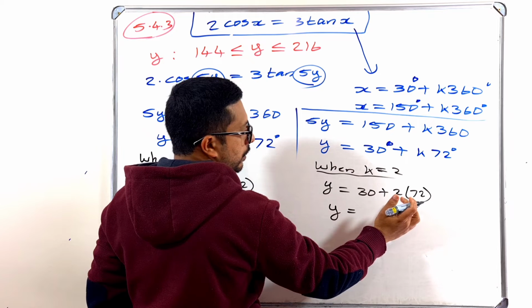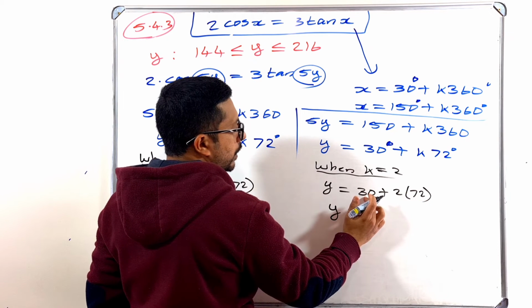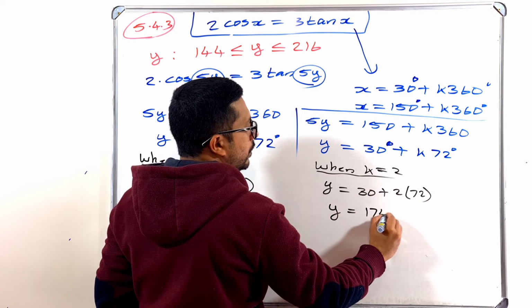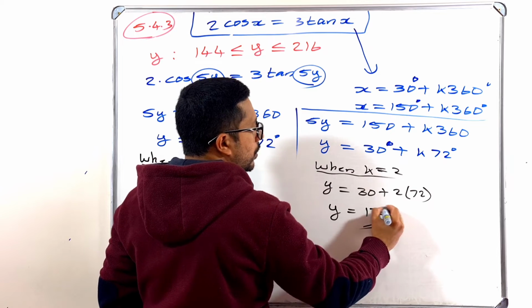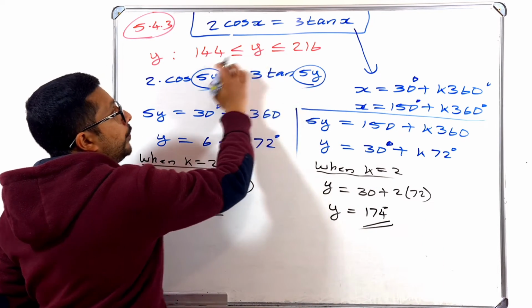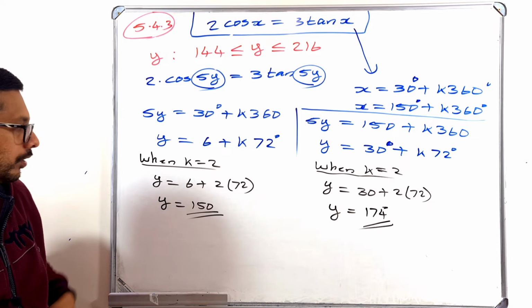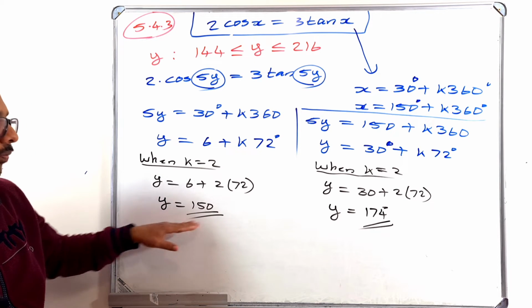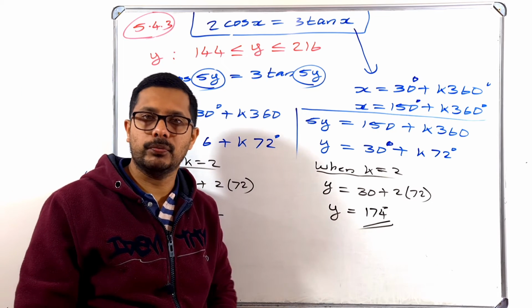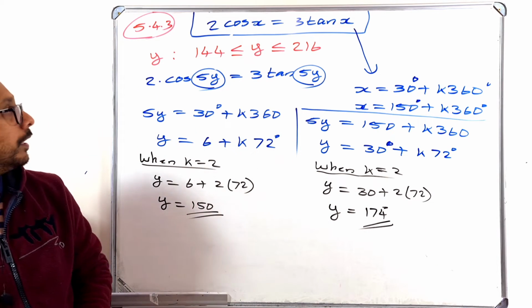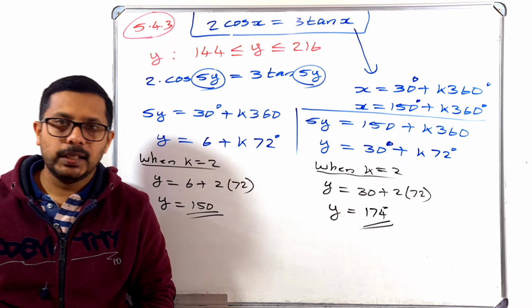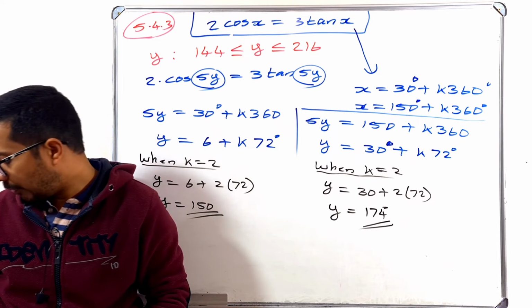Take your calculator: 144 plus 30 is 174. So that 174 is also between 144 and 216. So we got two y values, 150 and 174, and that's the question. So that is 5.4.3. Now let's go to the next question, 5.5.